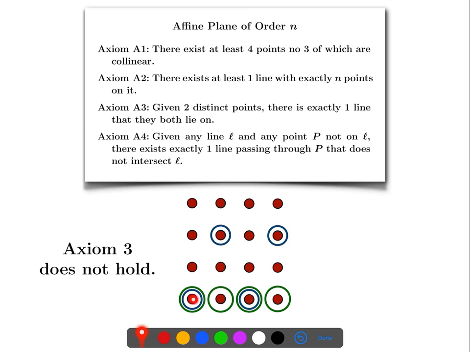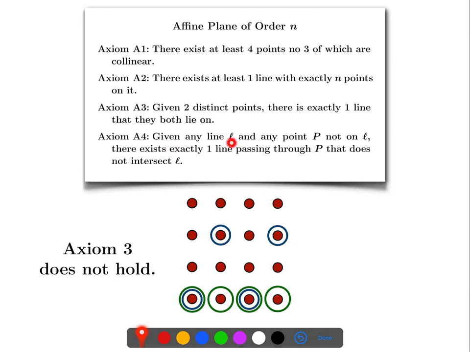But notice that neither of those lines has a point in common with the line L that we described, y is congruent to 3 mod 4. So both the blue line and the green line are parallel to L because they have no points in common with L, and both of them pass through this point.